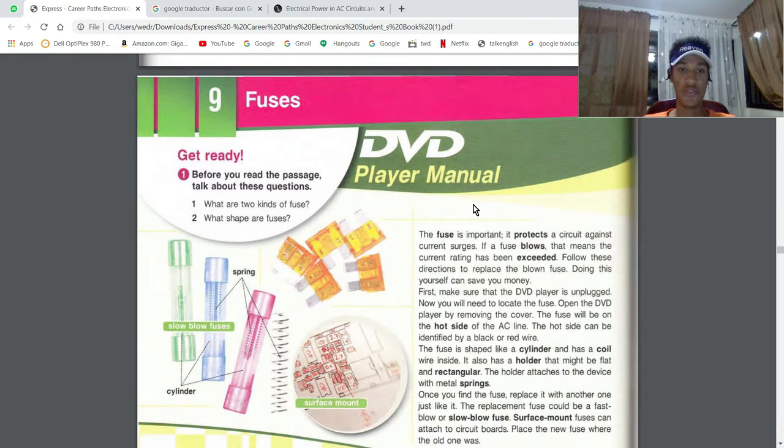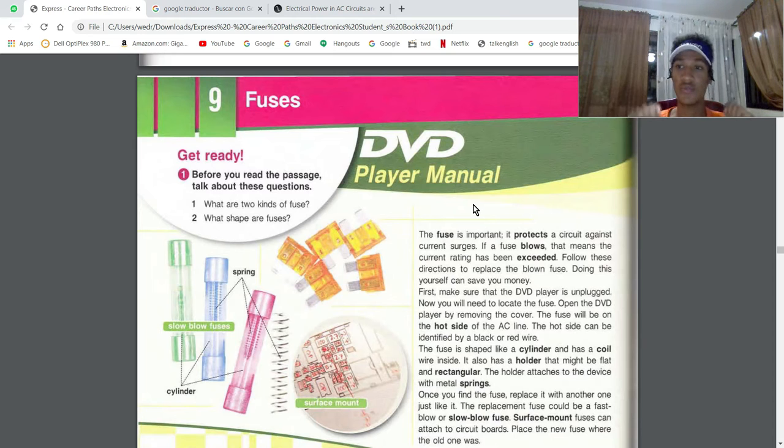So the fuse is a simple thing. With the fuse you can protect the circuit when you have a high voltage, but you don't know how high the voltage is. What do you do?